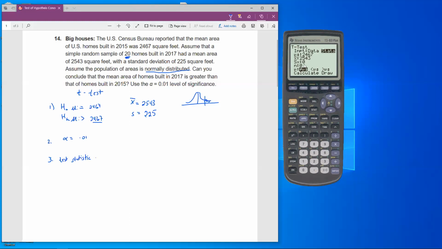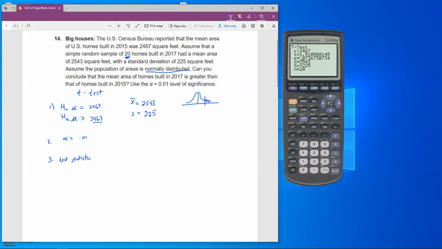Our S was 225. We still have to know how many there were because that's going to tell us the degrees of freedom. The calculator is going to take care of looking up the right t distribution for us, but it still has to know. And we want a right-hand side because we're looking at which is the greater part. Let's make sure that's selected, and then we're going to say calculate.